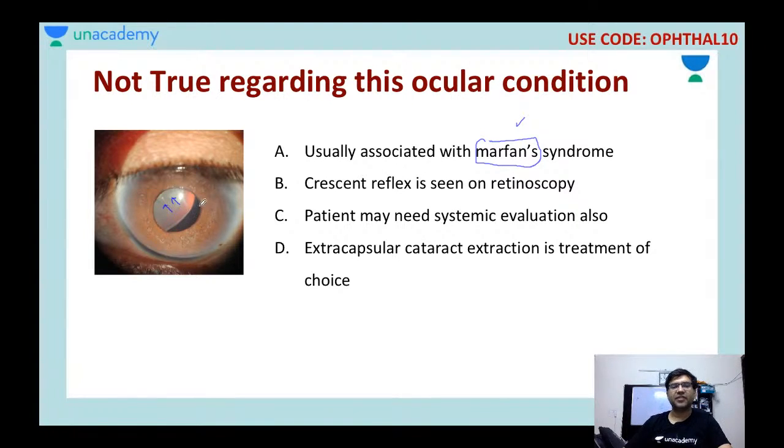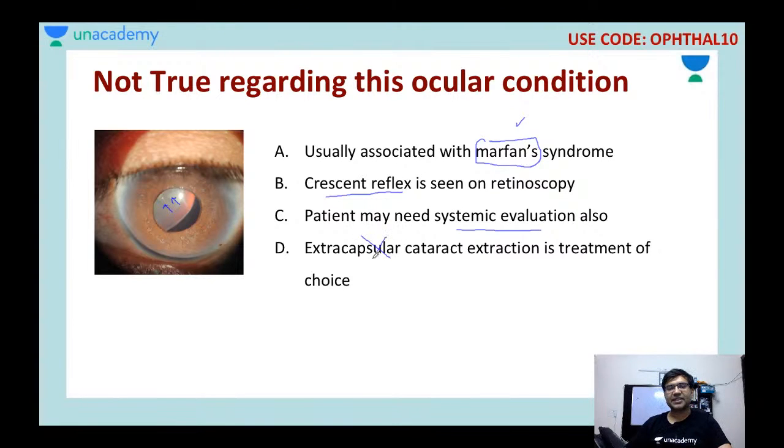So this is the aphakic reflex, and the aphakic reflex is basically a crescent shape. So we see a crescent reflex. Because this patient has Marfan syndrome, the patient may have some systemic features as well, like patent ductus arteriosus, mitral valve prolapse. So he may also need a systemic evaluation.